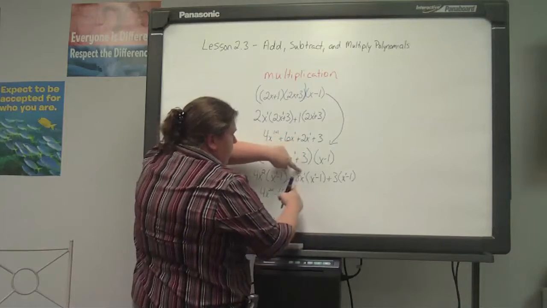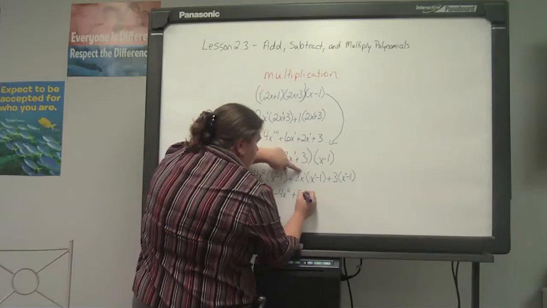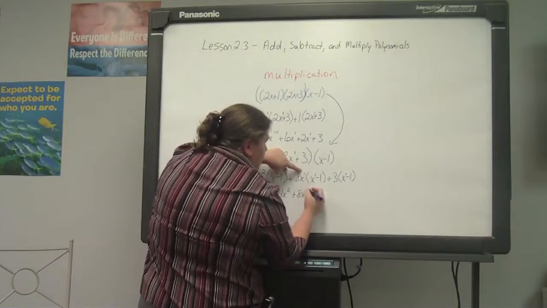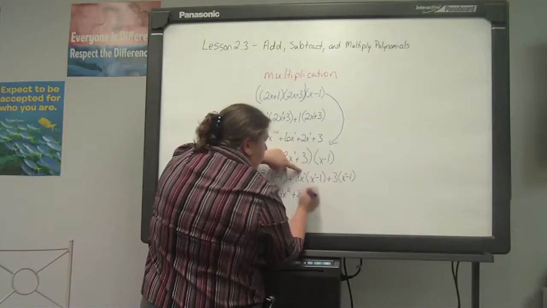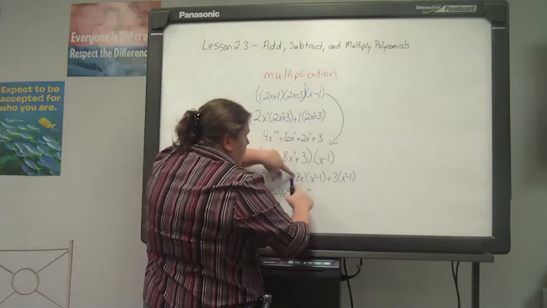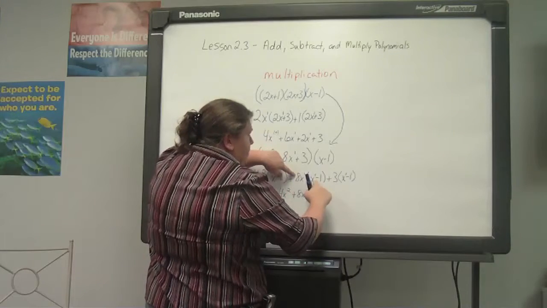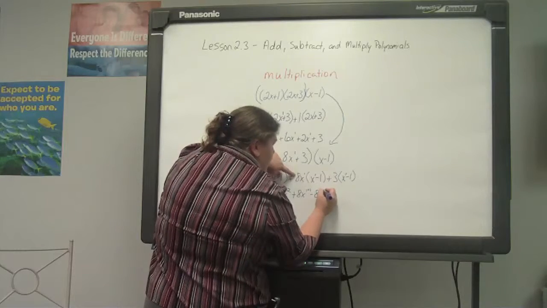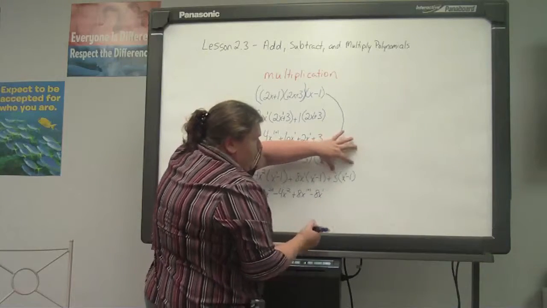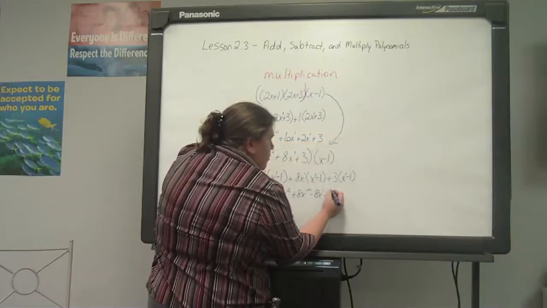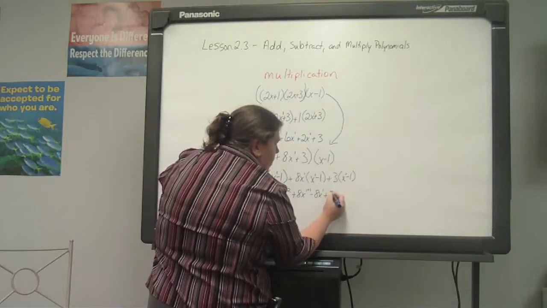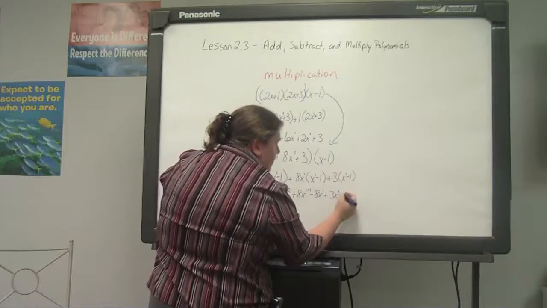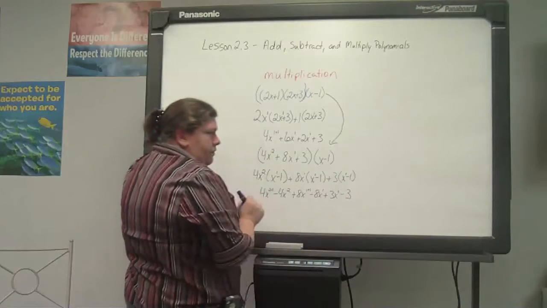Over here we have 8x, and then we have times x, so that is x to the 1 plus 1 power, and then 8x times a negative 1 gives us a negative 8x, and again it's to the first power. Last set, we have 3 times x to the first, and then 3 times a negative 1 gives us a negative 3.